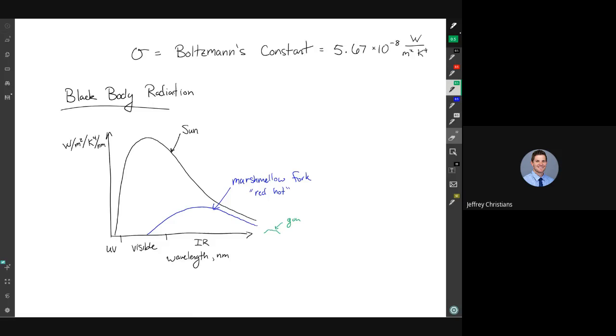Have you ever heard of Robert Bunsen? Where have you heard of him? Bunsen burners. He's most famous now for the Bunsen burner, but he was one of the ones who also described black body radiation. Has anybody heard of Max Planck? What is he famous for?